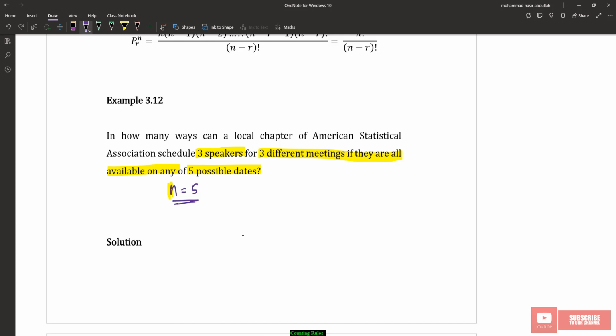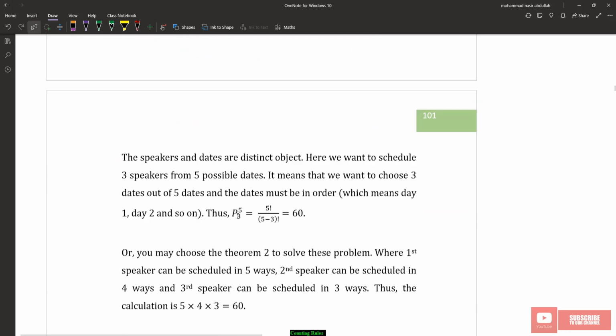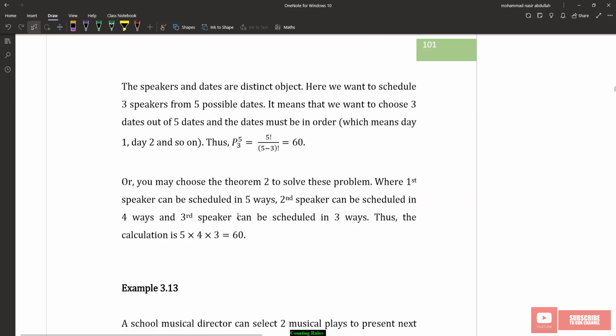Out of 5, we want to choose 3 dates, right? And these 3 dates should be in order, right? So it should be 5P3, right? It should be equal to how many? 60, right?